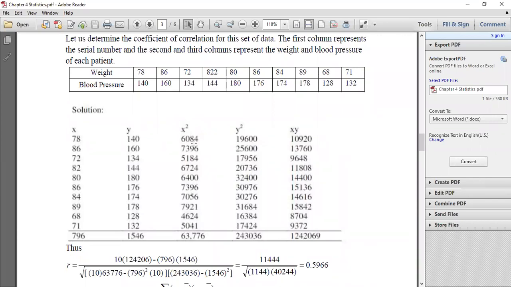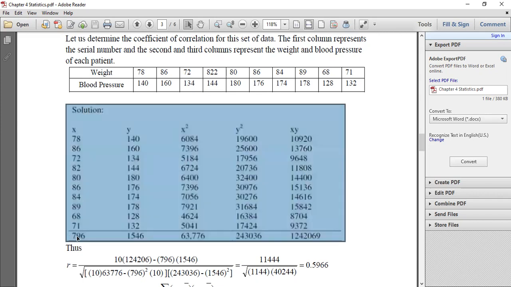You square, you get this. All the way down, do the same. So for y again, you do the same, y squared, all the way down, you get the values here. Then you take x multiplied by y. So x multiplied by y, again, these are the values. Then once you do that, then you get their sum below here.